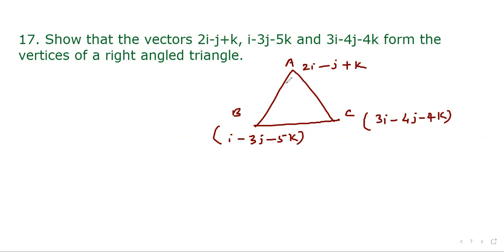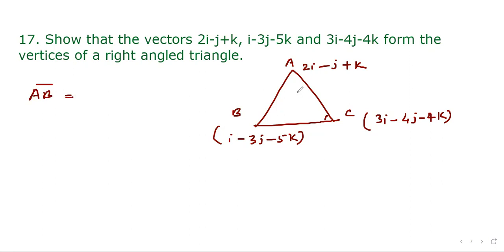So here we have two options. Either we find the dot product. If the dot product of any two vectors is 0, then we can say that they form the vertices of a right angle triangle, or we can use the Pythagoras theorem. So let's find vector AB.